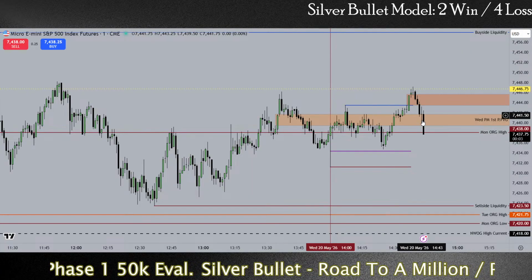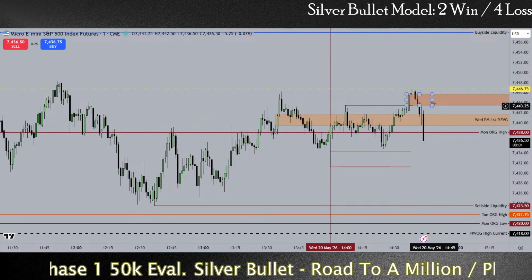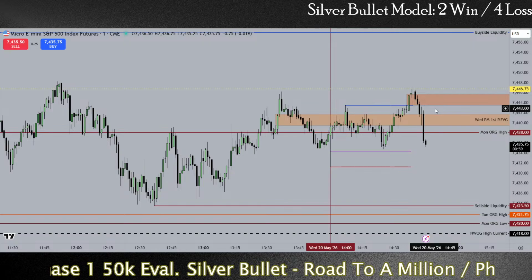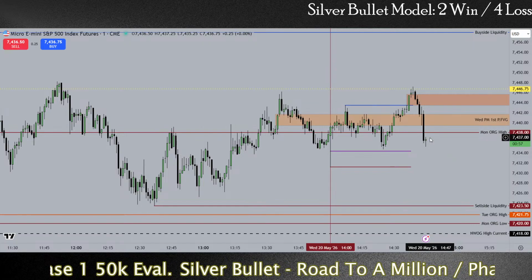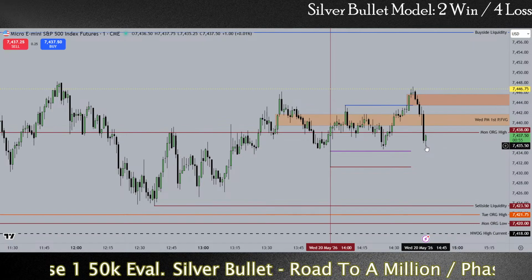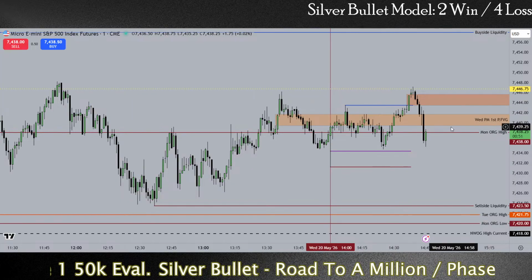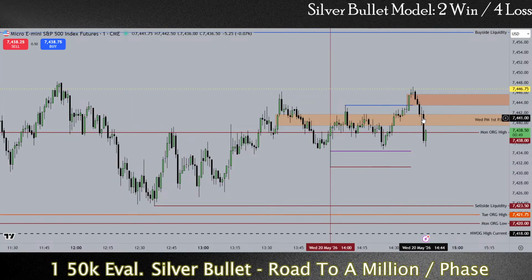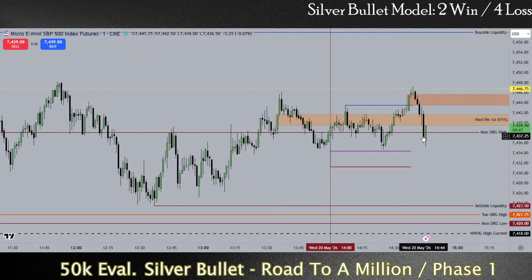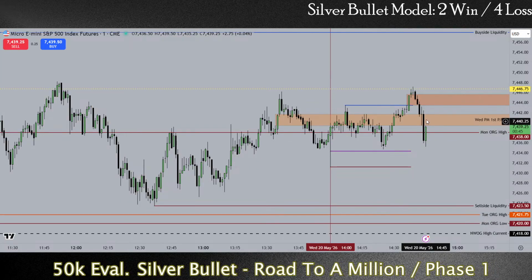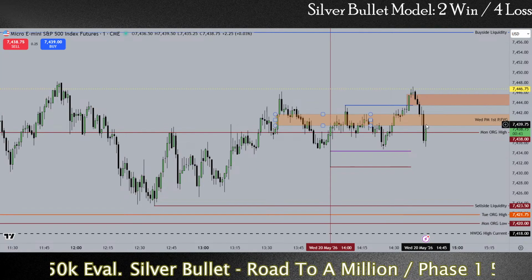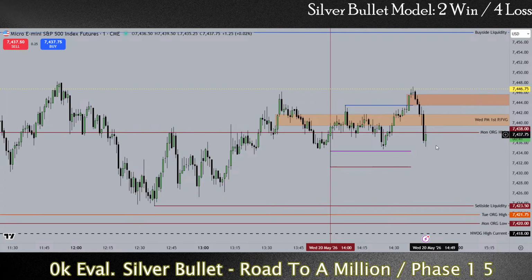All right, not bullish, not bullish, not bullish. Now we slide below this first presentation here, and the natural expectation would be to respect the lower half of it and just send it lower.